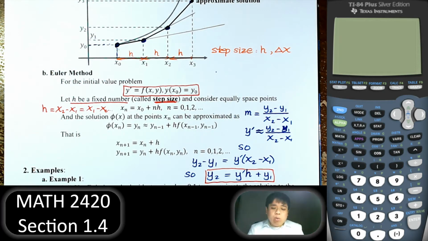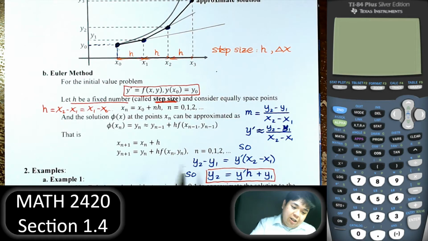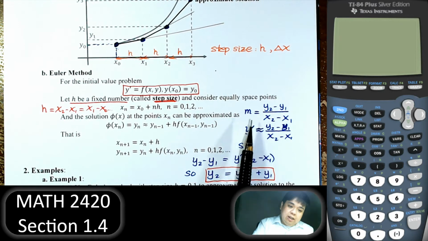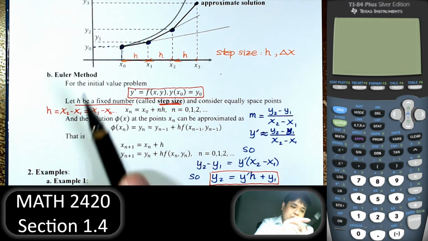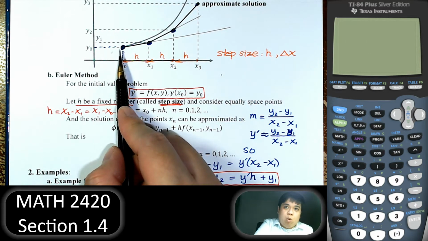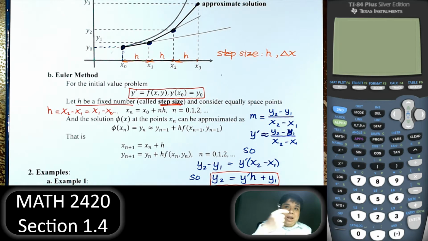So apparently what we do is kind of like what we have here. First we have to know the starting point. With the starting point, calculate the slope at that starting point, and then we set the step size, and then just keep doing that.